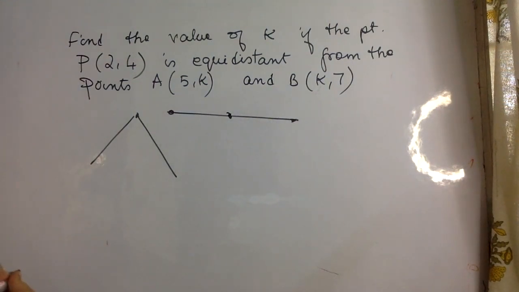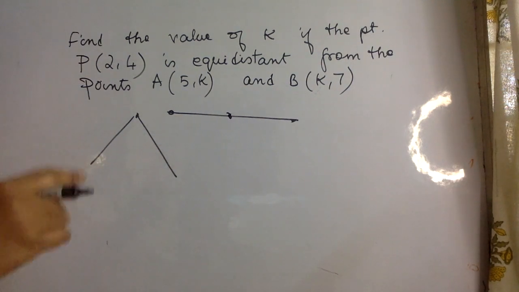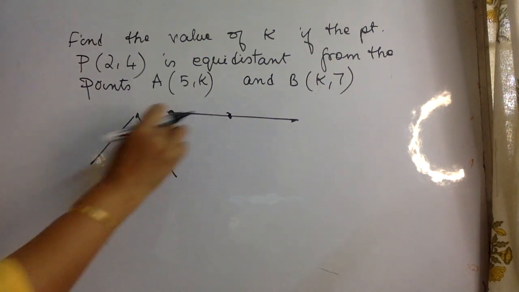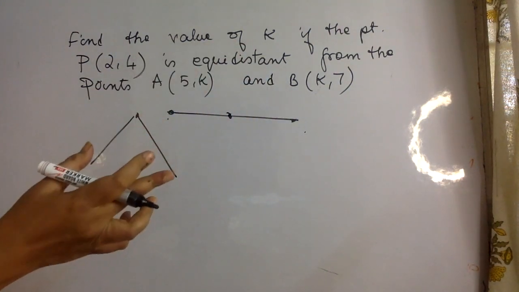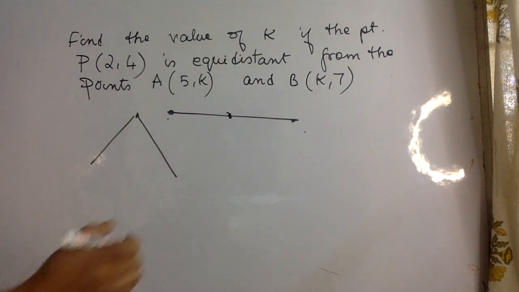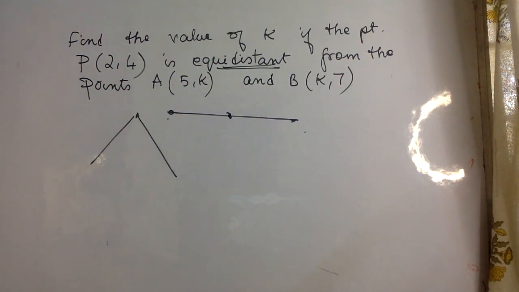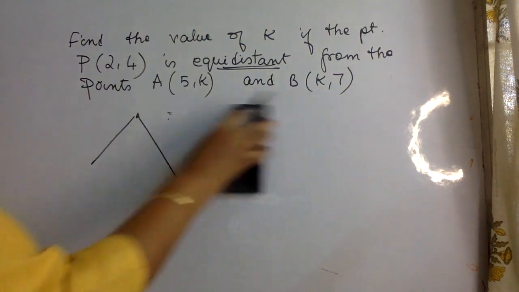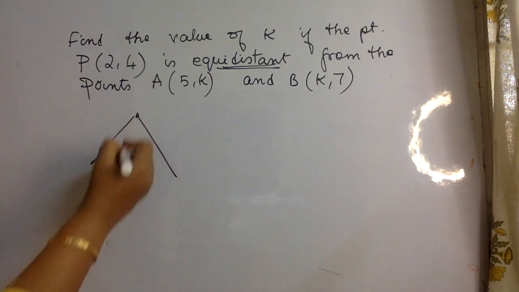If you tend to make it in a straight line, what mistake you will do is, after you put the values here, you put 5k and k7 and all, you tend to use section formula. So in an equidistant question, never make it in a straight line. Even it might be in a straight line, that only the sum will say, but in the beginning you should never make it in a straight line.